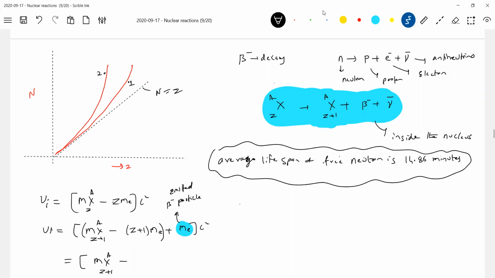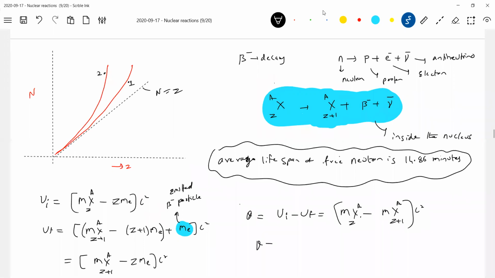So now Q is Ui minus Uf. This is the energy that is released.